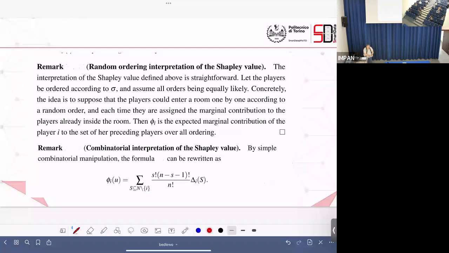Okay, so 3 people enter, then I enter, 2 people enter, then I enter, and so on. And you do it in all possible ways, and it is easy to see that combinatorially it becomes this way. Because simply the number there, S, is because you permute the people, keeping the same people, but you permute the order in which they enter.